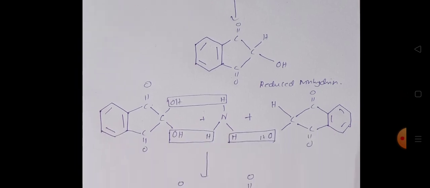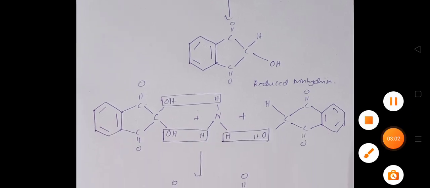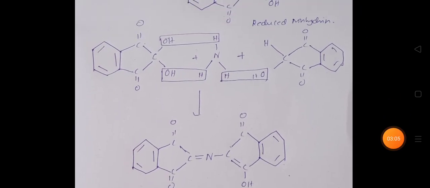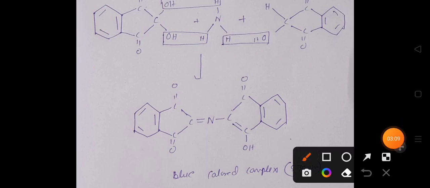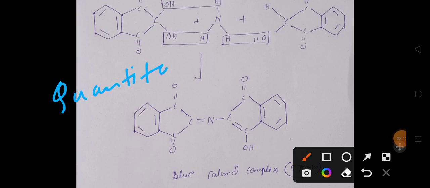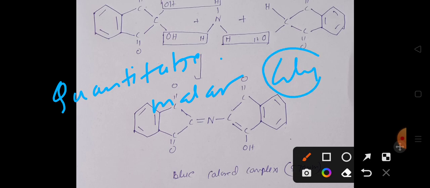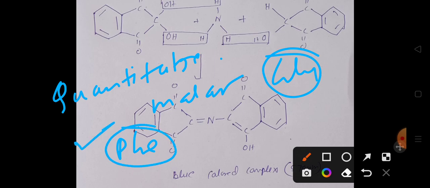The most important thing is that it will not only give you qualitative analysis, it will also provide quantitative analysis, because the molar absorption coefficient for one amino acid, which may be the simplest type of amino acid, that is glycine, should be different from the molar absorption coefficient for phenylalanine, right?